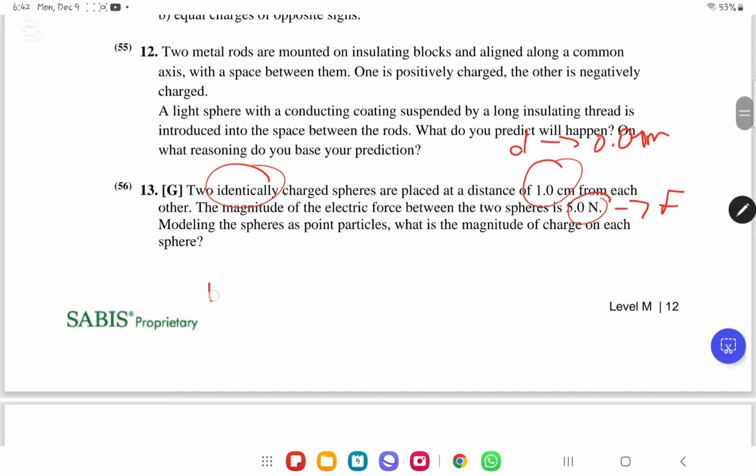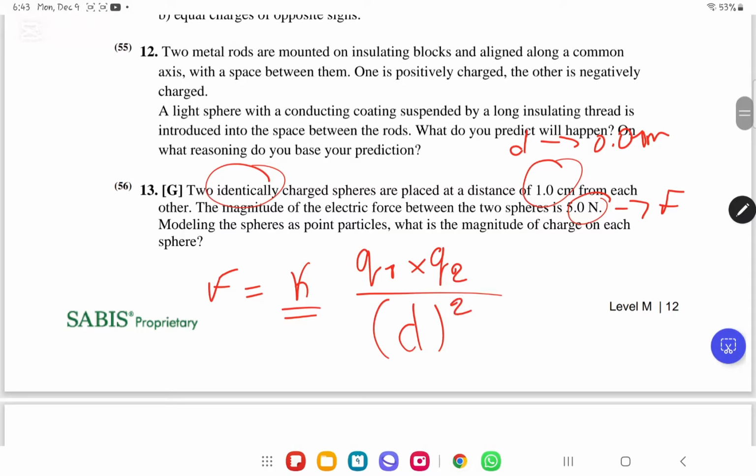We know that the equation is force is equal to the constant k, and we need to memorize the value of this constant k, multiplied by quantity 1 multiplied by quantity 2, then divided by the distance squared. Now the value of k, you have to memorize it. It is 9 times 10 to the power of 9.